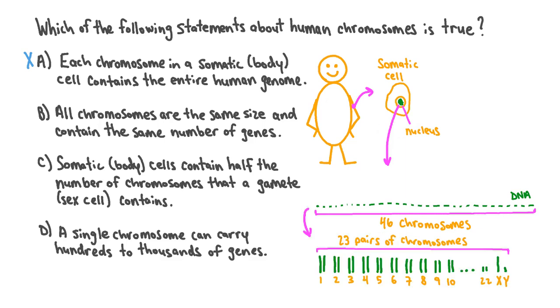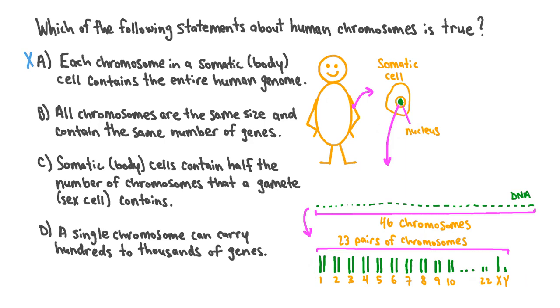These 46 chromosomes are arranged into 23 pairs of chromosomes. Chromosomes 1 to 22 are arranged based on their size, with chromosome 1 being the largest and chromosome 22 being the smallest. The 23rd pair of chromosomes, made up of chromosomes X and Y, represent the sex chromosomes, which are responsible for determining the biological sex of the person.